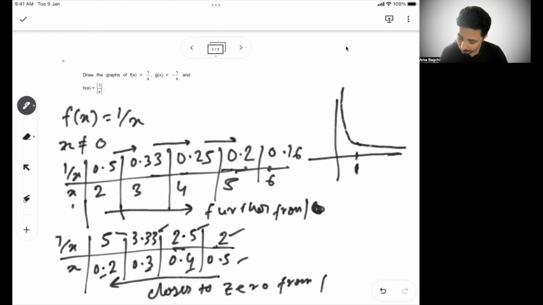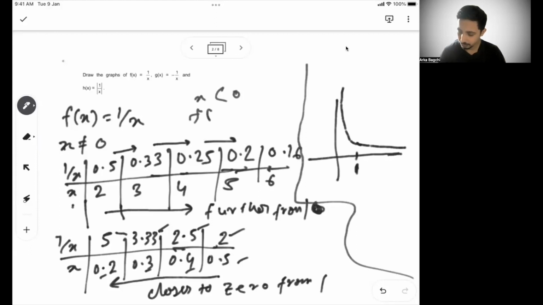But there is also a possibility of x being a negative number. Again, the rule will remain the same, but the values of y will be negative for all the negative x. So if x is less than 0, your f(x) will also be less than 0. So it will follow this, right?